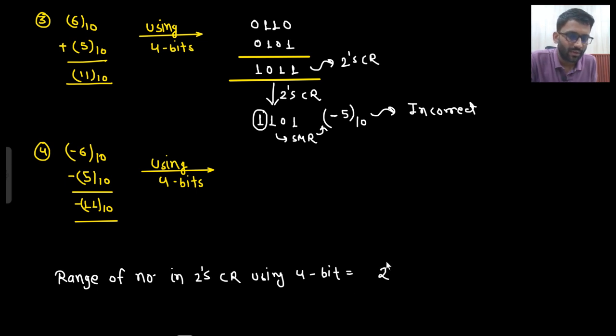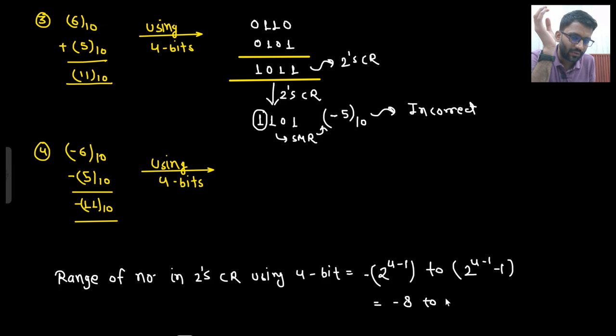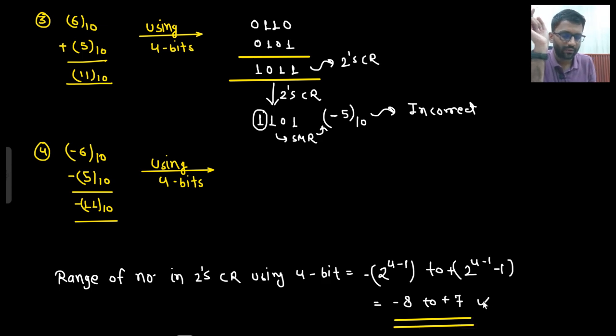That would be minus 2 to the power 4 minus 1, to 2 to the power 4 minus 1 minus 1. So that would be minus 8 to plus 7. So using 4 bits you can get these numbers, from minus 8 to 7.